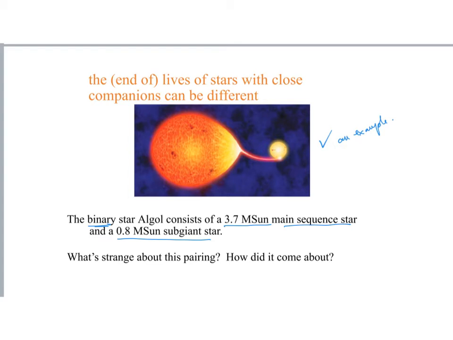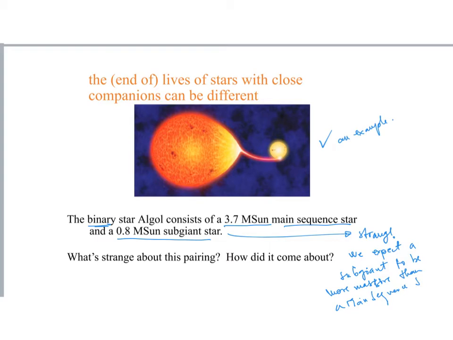Do you find anything strange about this pairing? I'll tell you what is strange. This is strange, right? We would expect a subgiant to be more massive than a main sequence star. And that clearly is not the case here.